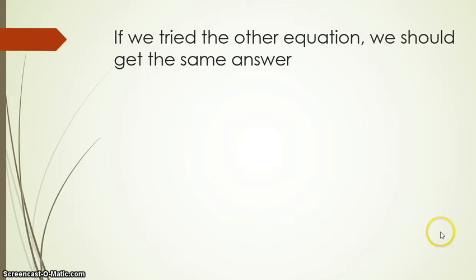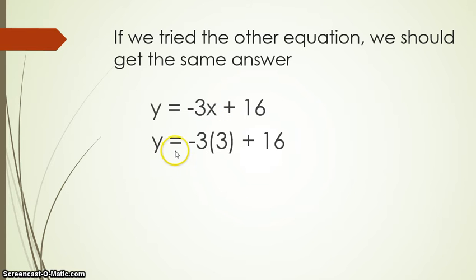If we tried the other equation, we should get the same answer. Let's look at it. The other equation was y is equal to negative 3x plus 16. Now I'm going to sub x is equal to 3 into this equation here, and I will get y is equal to negative 3 times 3 plus 16.